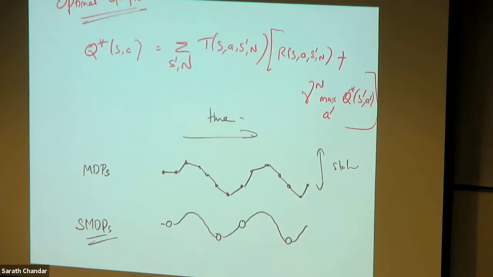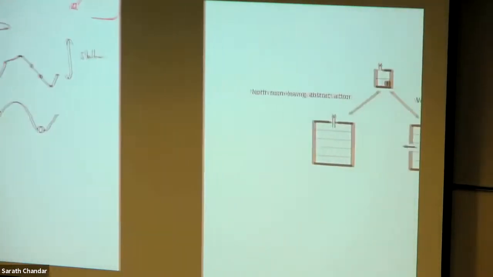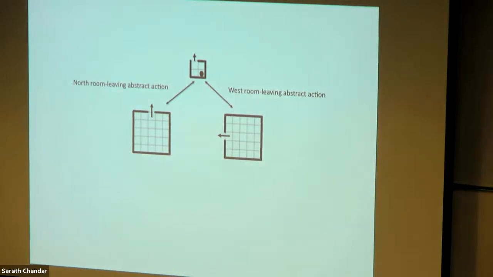Now, the moment we are in the SMDP space, there are a lot of nice things that it promises. For example, we can talk about the structure of the problem. Now let's go back to the 4-room example that we had, which was basically this grid world with 4 different rooms and an exit in the top, right? Now, the moment you start thinking about macro actions, one option is a west room leaving abstract action or a north room leaving abstract action, right?